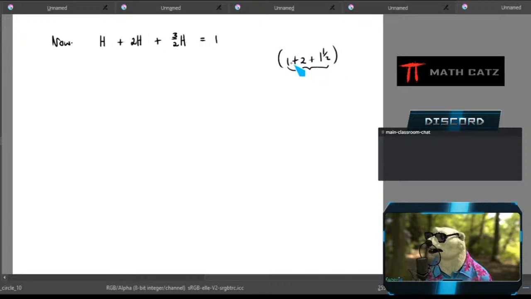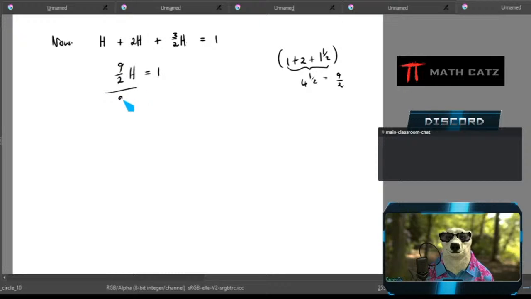That's going to be 4.5. Now, I don't want to see the mixed number in here, so I want to convert that to an improper fraction. So 9 over 2. So 9 over 2 times h equals 1.